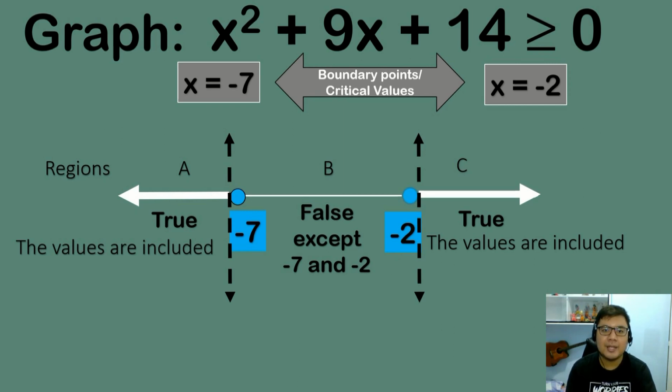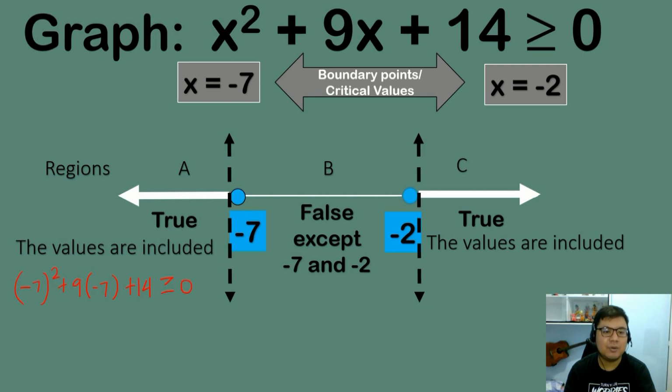Using the inequality x squared plus 9x plus 14 is greater than or equal to 0. Let's substitute the value of negative 7: negative 7 to the second power plus 9 times negative 7 plus 14 greater than or equal to 0.